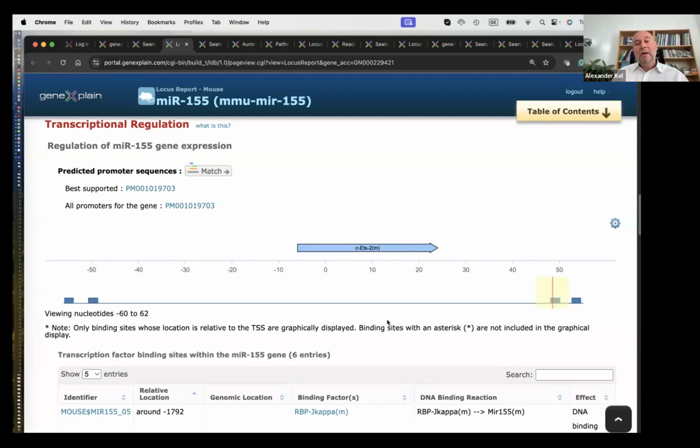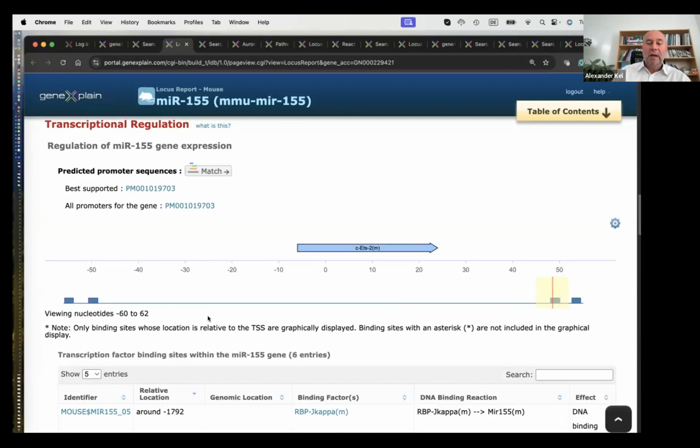That's not an easy question, because some microRNAs have their own promoters, but many of them are located in introns of other genes, and the expression of those microRNAs depends very much on the expression of that gene. So you have to know which promoter is in fact regulating expression of the microRNA.